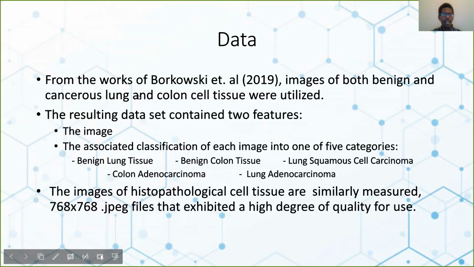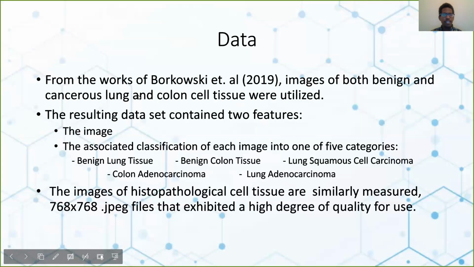First, the image as measured as pixel intensities and colors on a scale from 0 to 256 in integers. We also saw the measurements of whether each cell was classified as benign lung tissue, benign colon tissue, lung squamous cell carcinoma, colon adenocarcinoma, or lung adenocarcinoma.